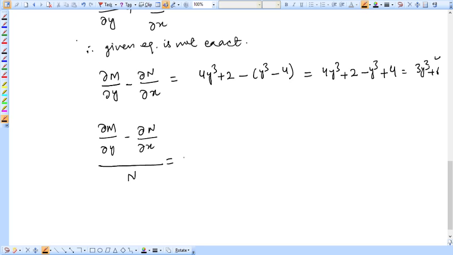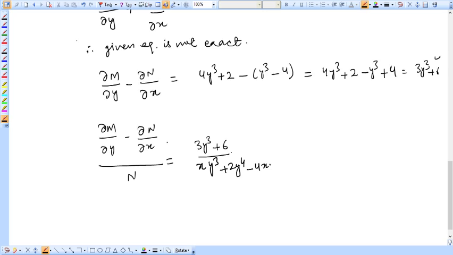N is equal to, let me write it here, 3y cube plus 6 divided by N, where N is x y cube plus 2y square minus 4x.